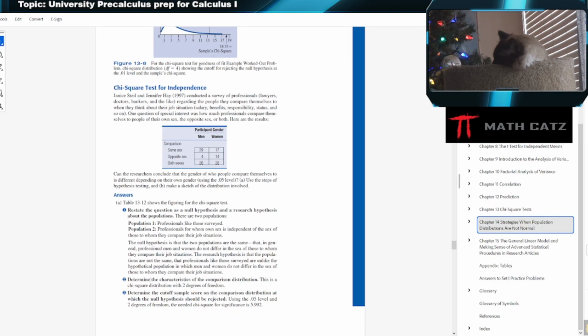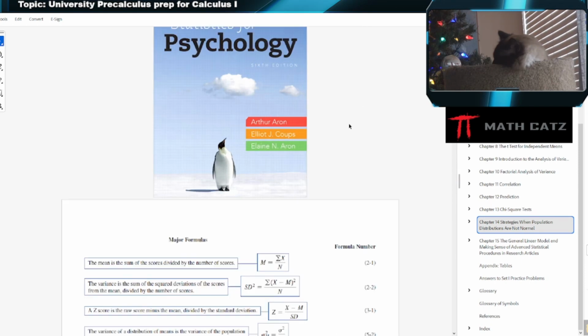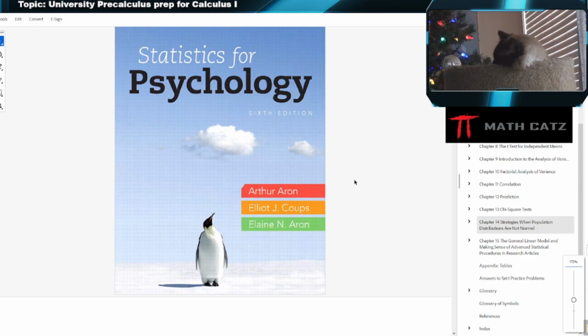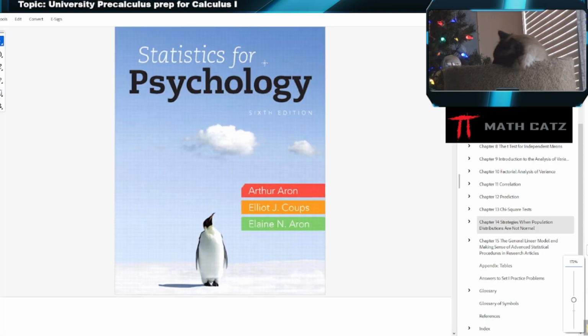So, the book we're going to use to get some examples is the Statistics for Psychology book. You might have a different prescribed textbook. It doesn't really matter. This is just the one I have on hand.